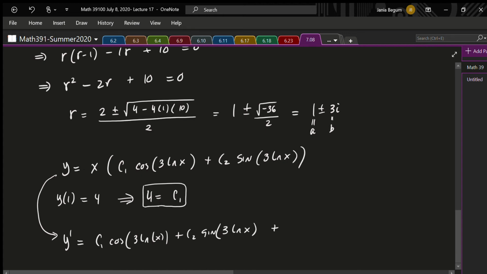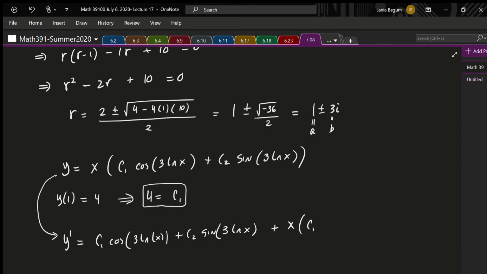Plus, now you keep the first and differentiate the rest. So we're going to have c1, oh geez, chain rule, right? Someone help me out. Let's get more space. So c1 is a constant.